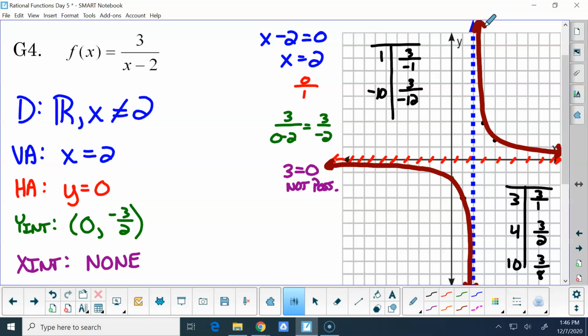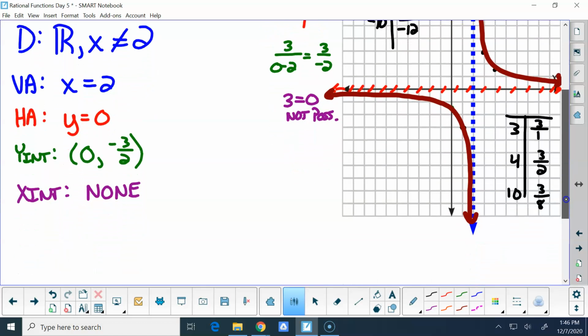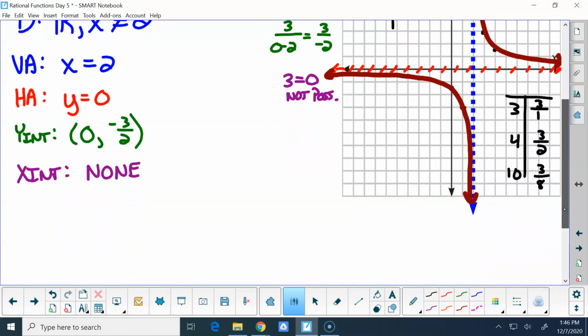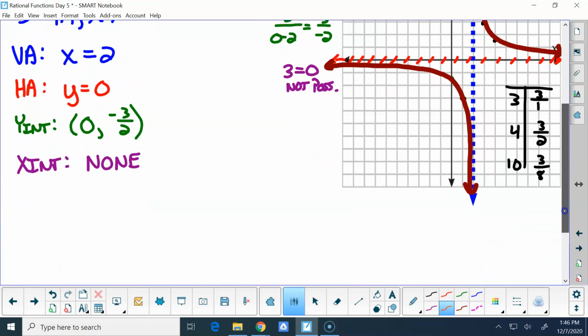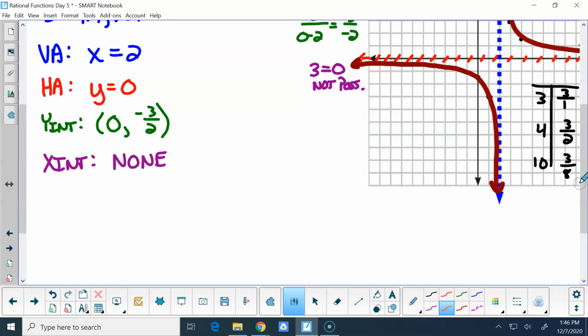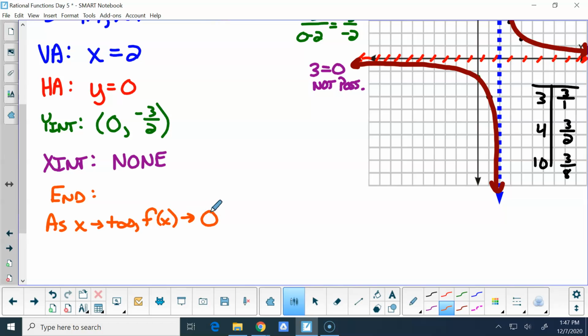Then it's asking me about my end and asymptotal behavior. My end behavior would be: as x approaches positive infinity, my function is approaching 0 from above.